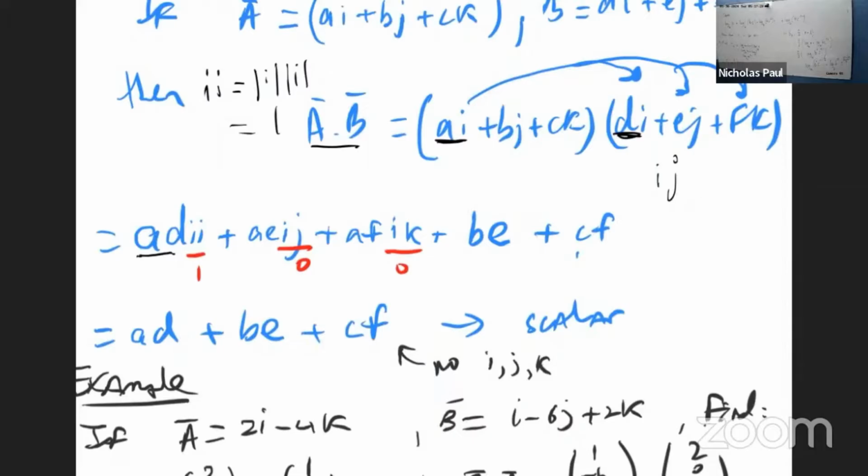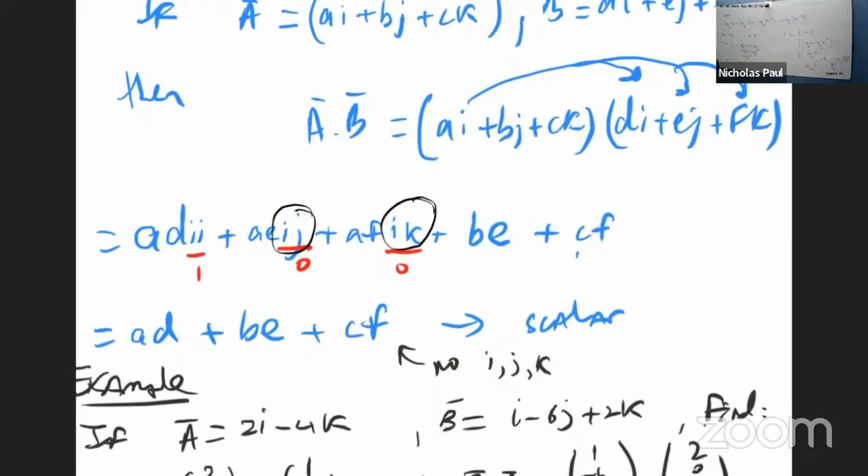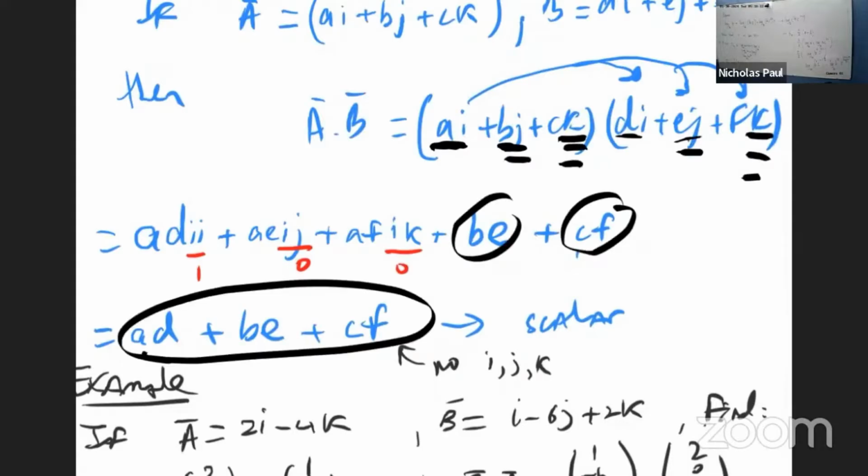So therefore their dot product is 0. So if you look at multiplication here, i by j is 0, i by k is 0, i by i is 1, j by j is 1, k by k is 1. So in short, you multiply the i's, you multiply the j's, and you multiply the k's, and then add up the answer. Notice it is no longer a vector. It is now a scalar.